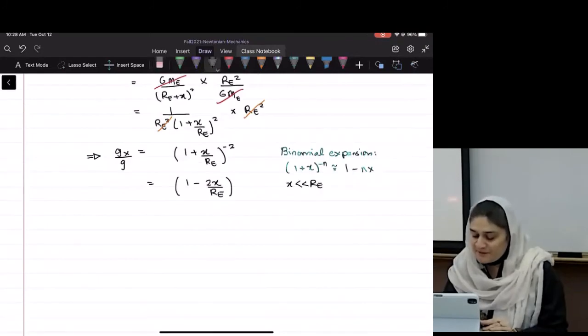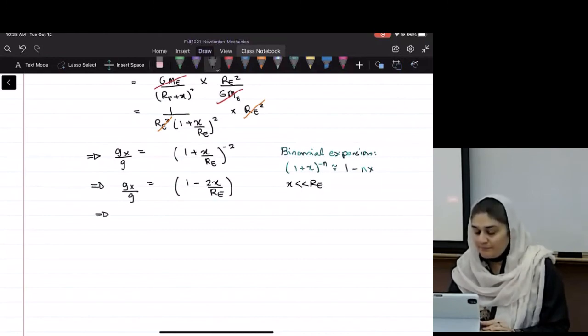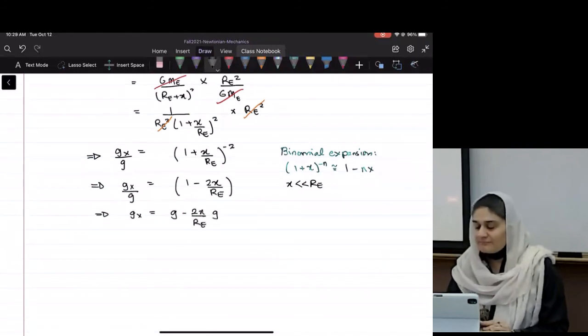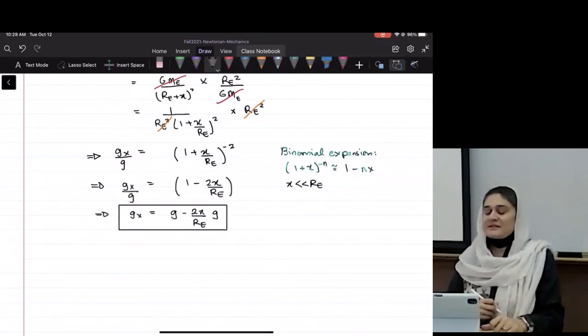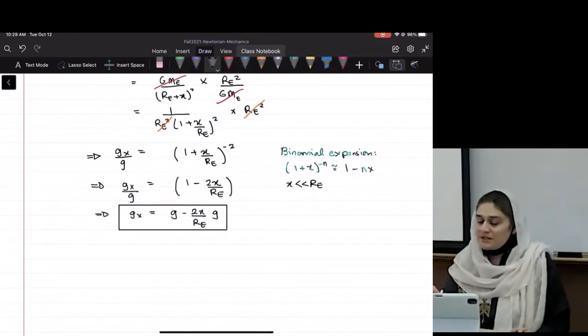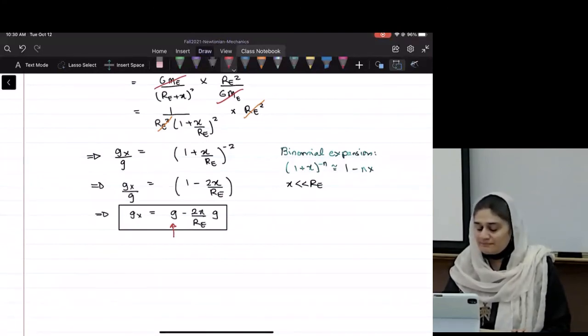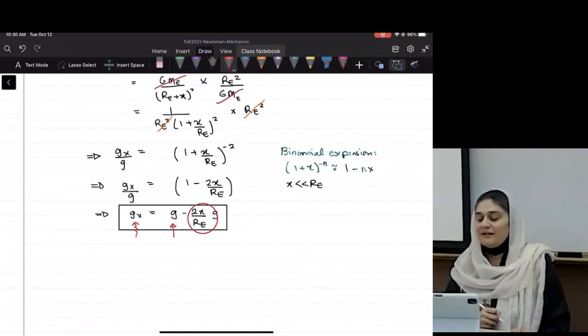Okay? This means g_x over g equals that. Or may I write this as g minus 2gx over R_E? What does this equation say to you? This was our g at the surface. This is our new g. We are subtracting this factor from our value of g.